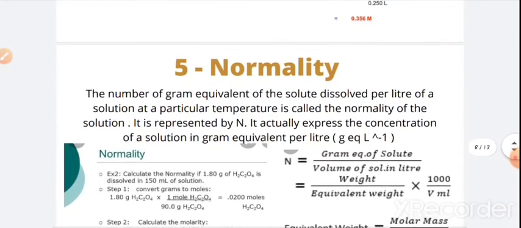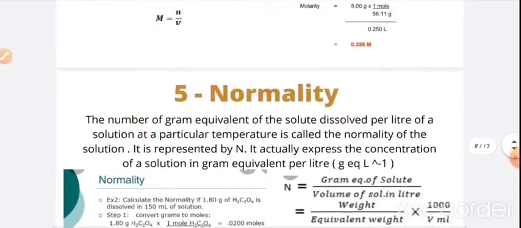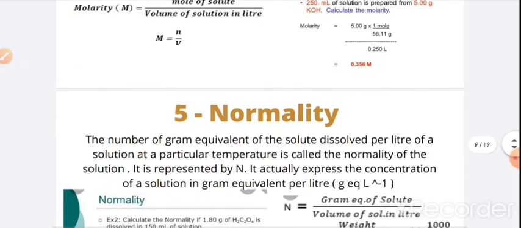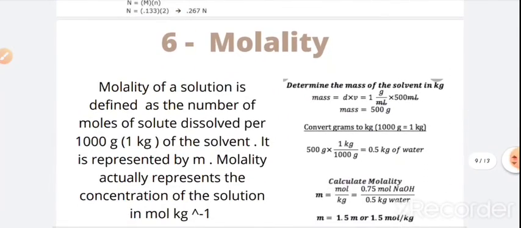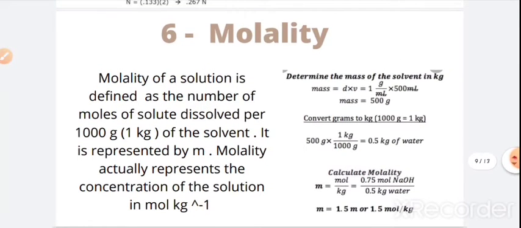I hope you find the difference between normality and molarity. They both are the most important units of the solution. The next one is molality. Molality of a solution is defined as the number of moles of solute dissolved per 1 kg of solvent. It is represented by small m. Molarity was represented by capital M, but molality is represented by small m.